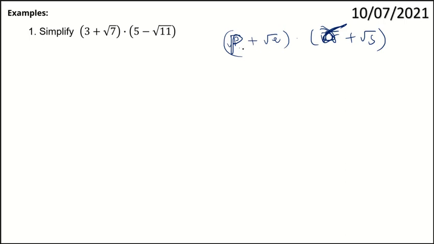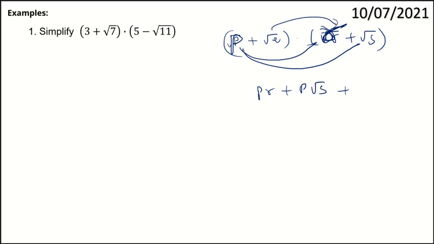Similar things only: pr plus p into root s, root q into r plus root q into s, they both come under root only.